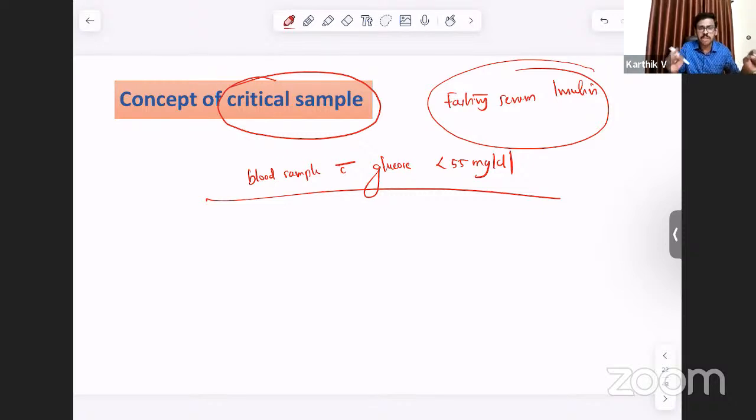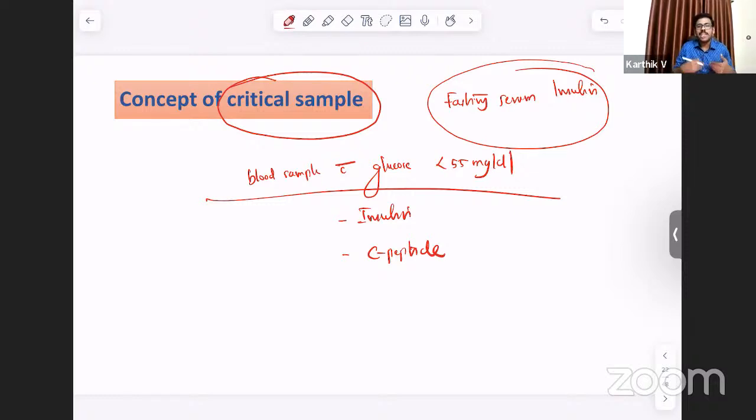This is the most important take-home message from this class. You can interpret and classify whether the hypoglycemia is insulin dependent or independent only based on a sample taken at the time of hypoglycemia. So all this insulin, C peptide, everything should be interpreted only in a patient developing hypoglycemia, and the blood glucose should be collected at that time.